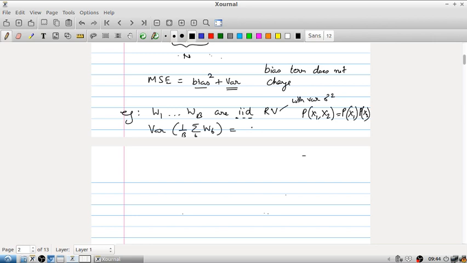So the options are sigma square divided by B or sigma square divided by B square.